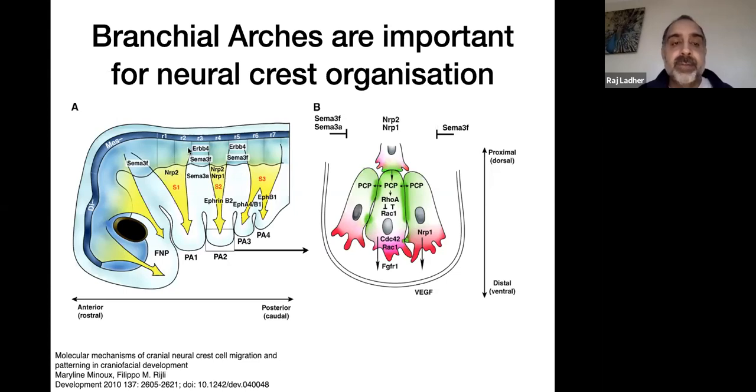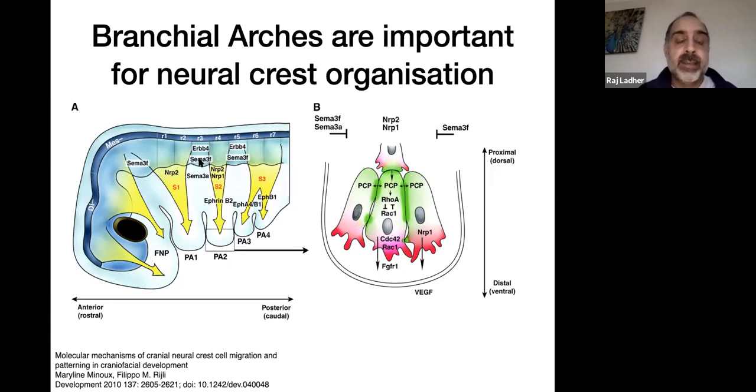This kind of restriction of neural crest streams is also very important. And this restriction is mediated by classic guidance proteins that are involved in repulsion and attraction in neuronal systems as well.